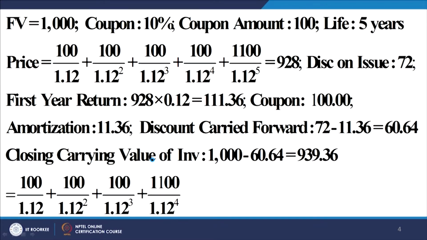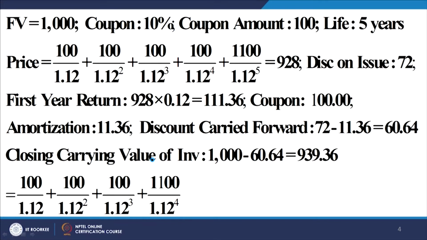In other words, the carrying value of the bond appreciates by 11.36, and this appreciation also constitutes a return to the investor. His total return now is 111.36, which works out to 12% on his investment of 928.